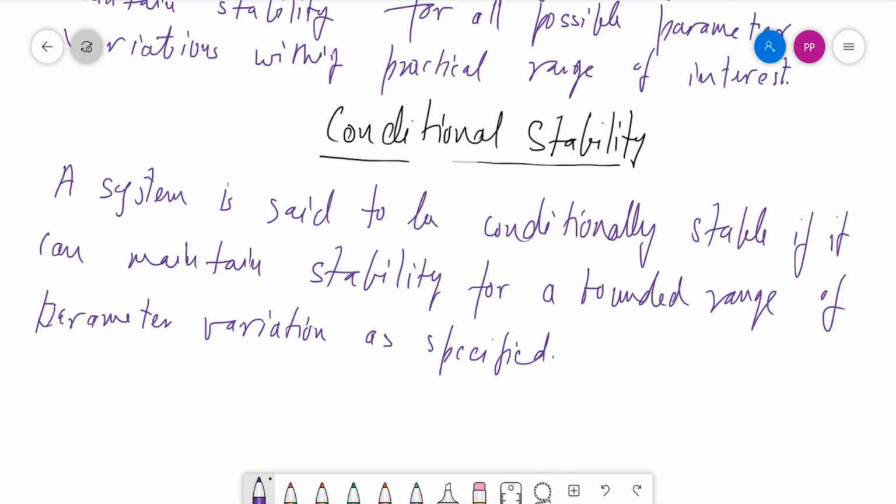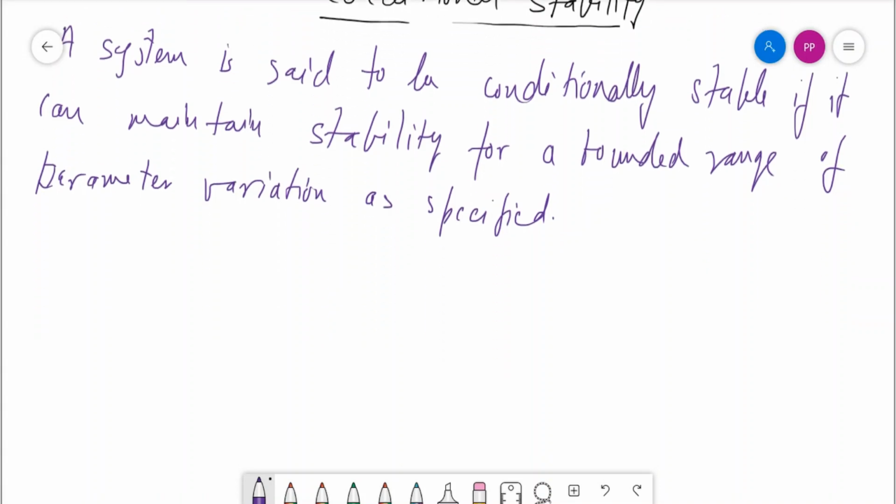So we can now say that a system model with all roots on the negative real axis of the S-plane will show asymptotic stability, as we studied in the case of asymptotic stability. Under which circumstances do we get asymptotic stability?